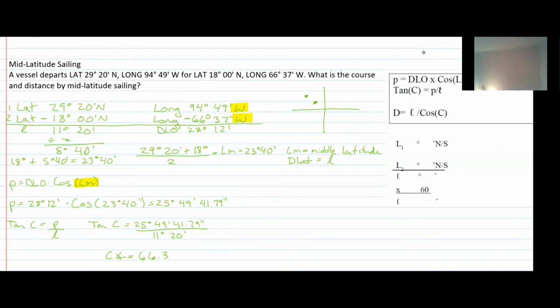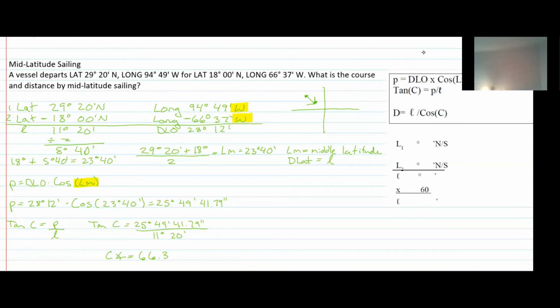Just to give us an idea of where we are and what direction we're going, I like to draw an arrow from dot 1 to dot 2 so I know which is which. So our course should be southeasterly. Our course angle is 66 degrees, which is northeasterly. So that doesn't make sense. You need to do one more step to find our true course from our course angle.